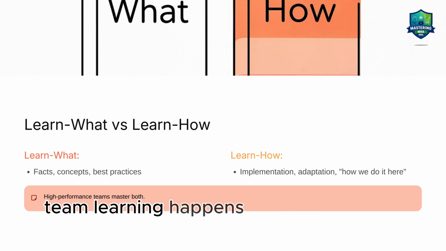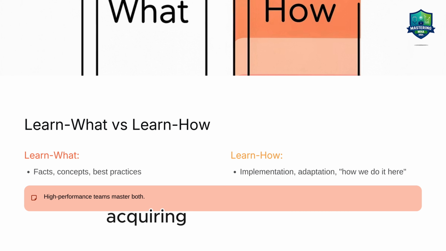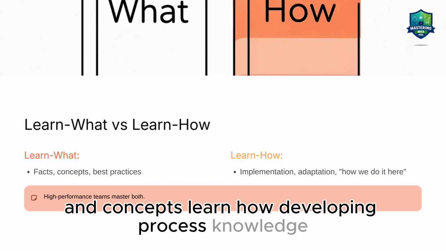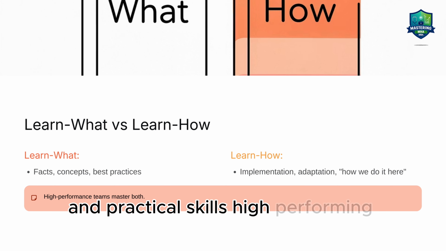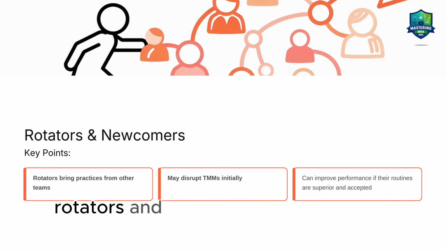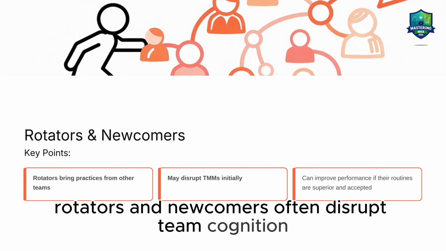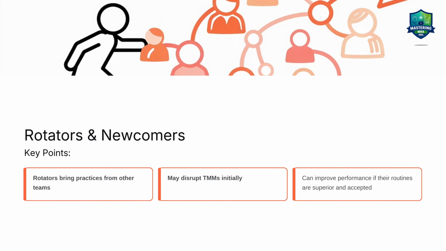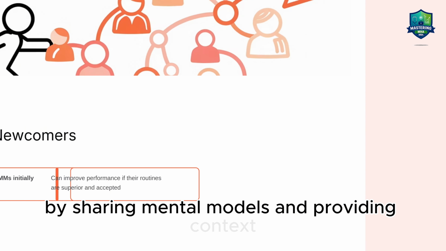Team learning happens in two ways. Learn what: acquiring facts, procedures, and concepts. Learn how: developing process knowledge and practical skills. High-performing teams master both. Rotators and newcomers often disrupt team cognition, but also bring fresh knowledge. Teams must help them integrate quickly by sharing mental models and providing context.